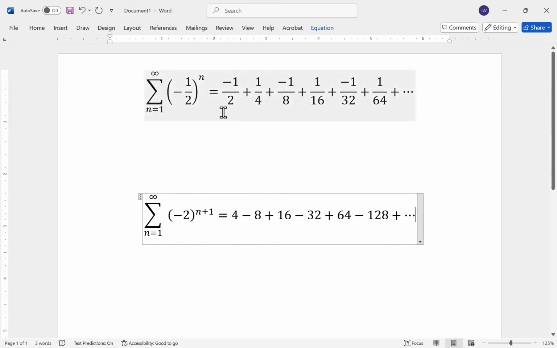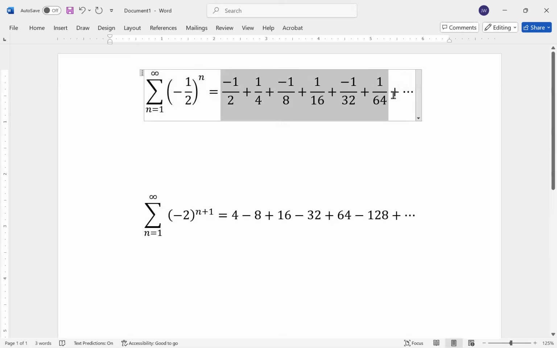Both of these series are alternating. In fact, both of these are geometric series as well. So because r is in absolute value less than 1 up here, this first series we know would converge.